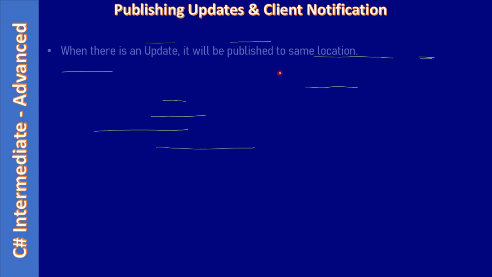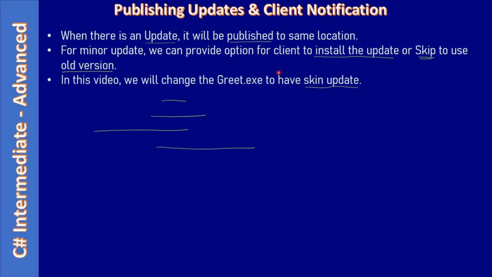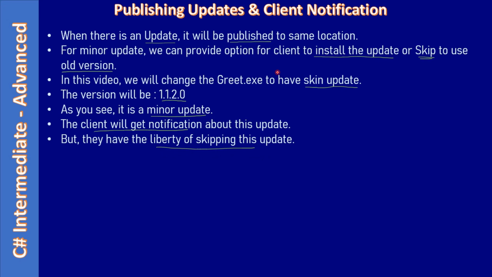Then we saw how the build owner published the update on the common location, and how the client gets the notification. So imagine when there are multiple clients, all the clients will get the notification and they all get updated.